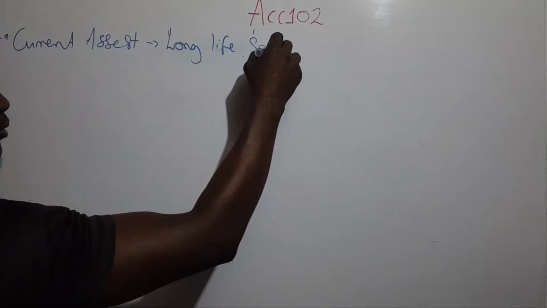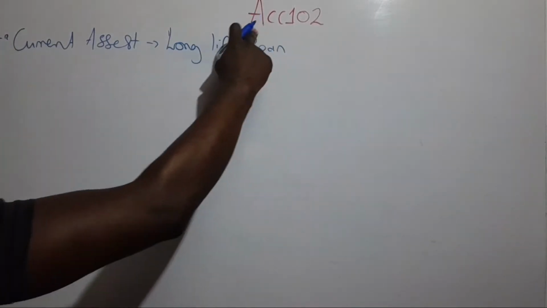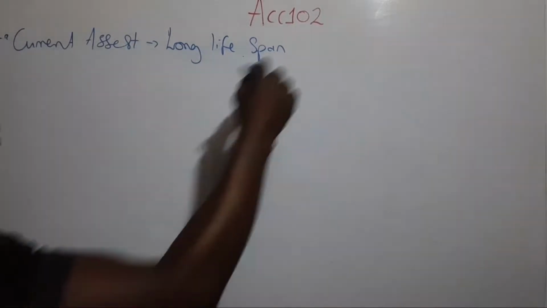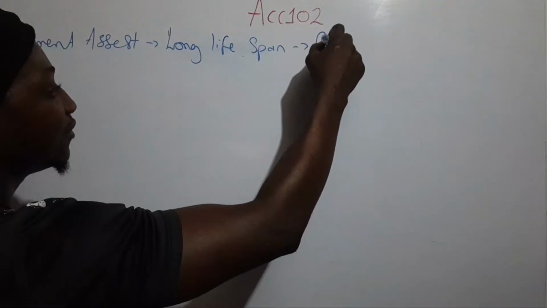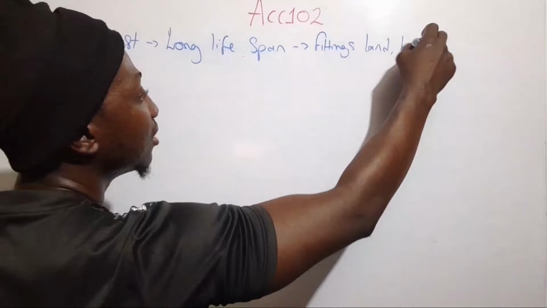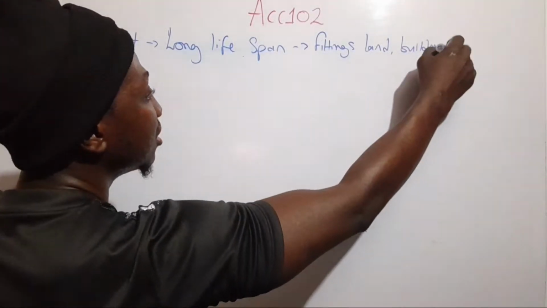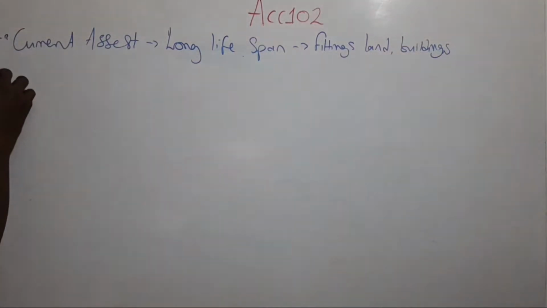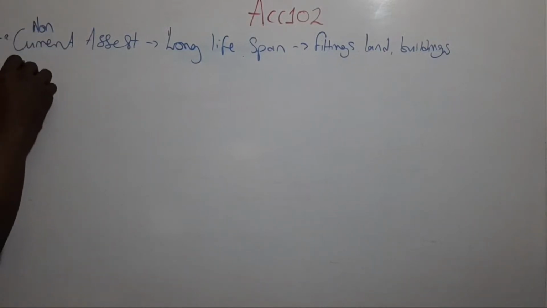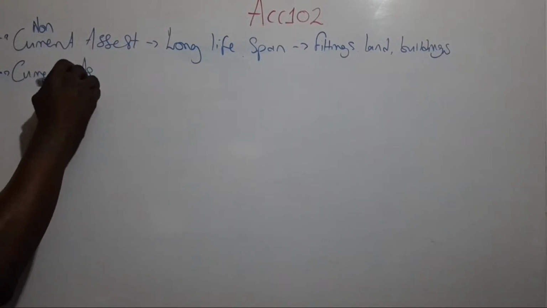Examples of these are fittings, land, buildings, furniture, and the like. This is non-current. Then we have current assets.